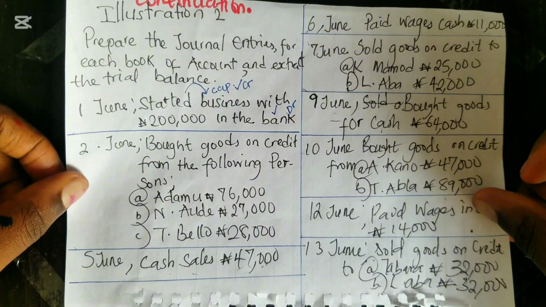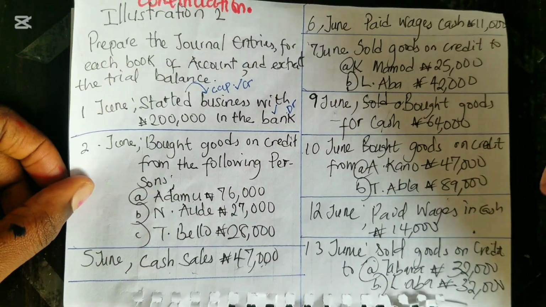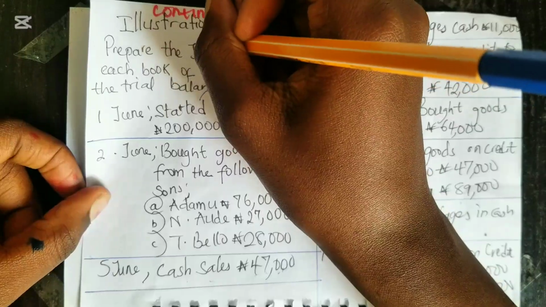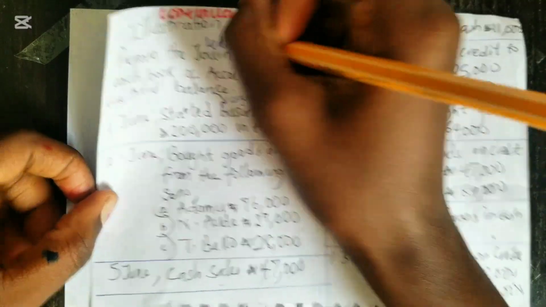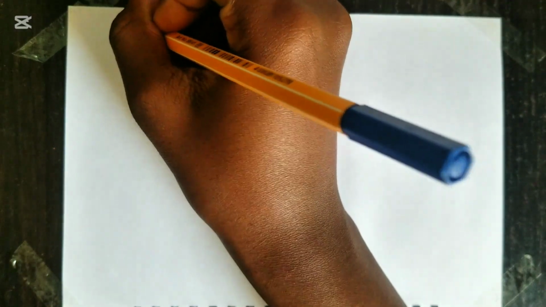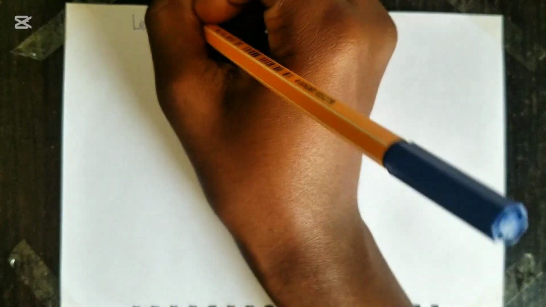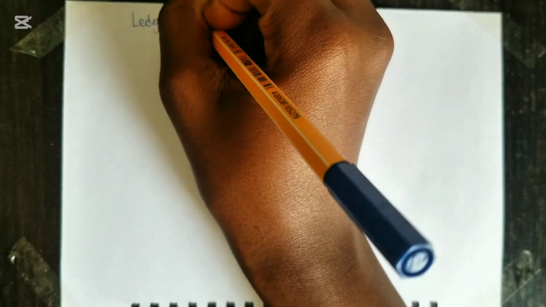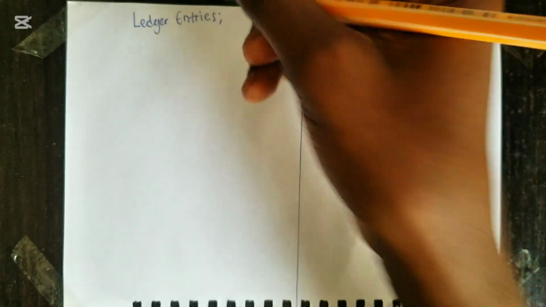We didn't have a name here, so we can just write ledger entries. The first one is the capital account.